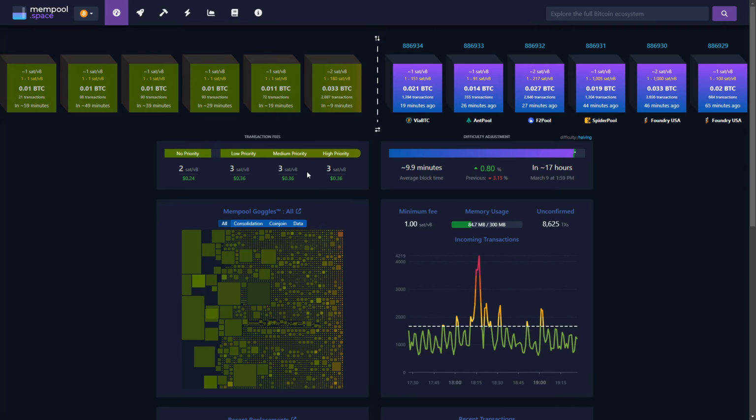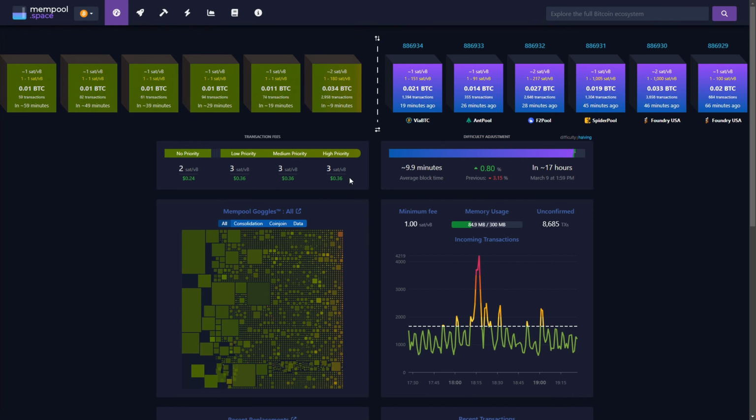And then, as you can see here, medium priority. This basically means that your transaction will likely be confirmed in the next hour. So if you want your transaction to be confirmed in the next 6 blocks, they're estimating that you will probably need that as well. And right now, these are both the same.